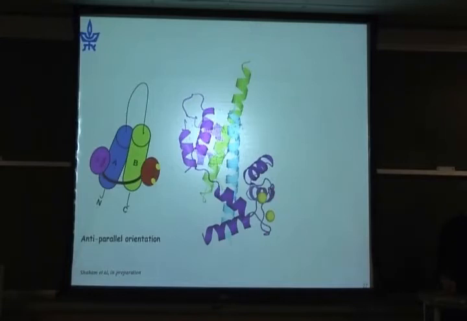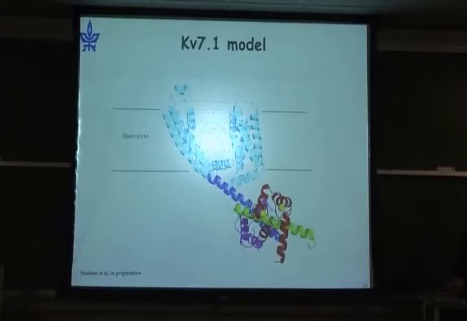And to our surprise, the A helix is much longer than what was predicted from the bioinformatic algorithm. So we can model this A and B helix to the general structure. This is one subunit, and you can see here that the A helix that contact the C lobe is just the prolongation of the S6 segment.